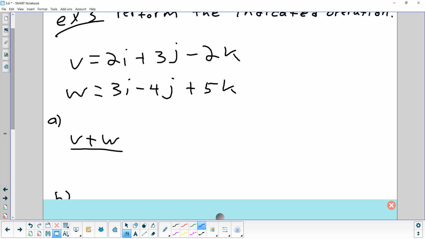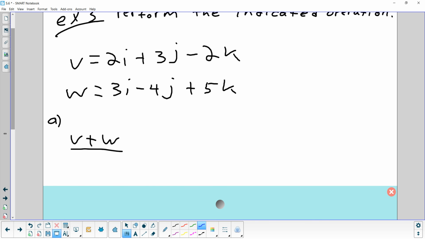Let's add those up. All right, so Jaden, when I add those up, what's going to be my new x-axis component? You're adding them. Yep, we're adding them. You added 2 and 3.